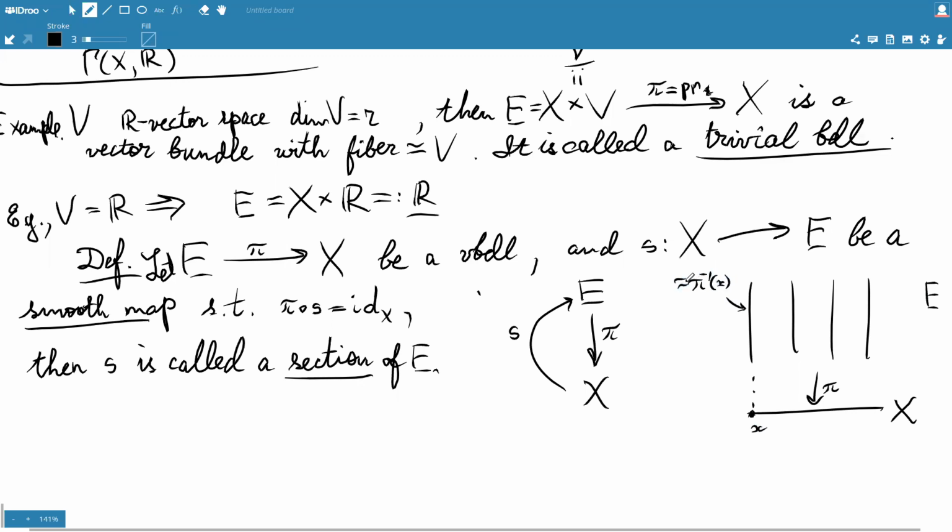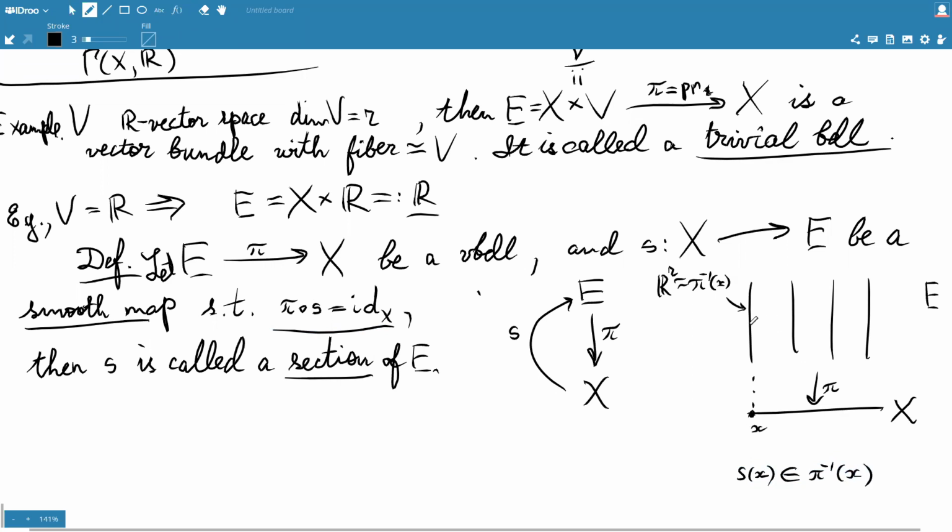It is the same as R to the power r, a small r, and S is a smooth map such that this condition means that S of x lies in the pi to minus 1 of x.